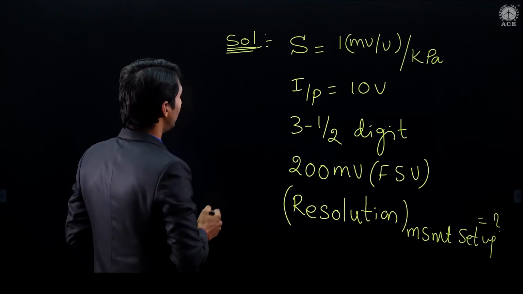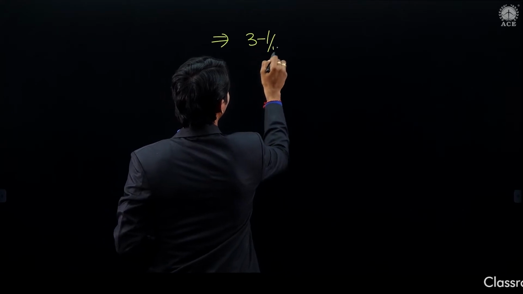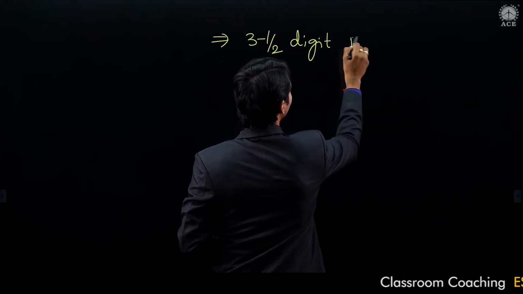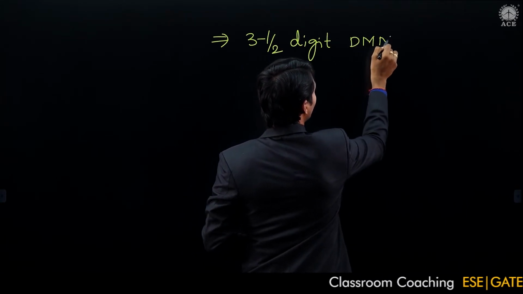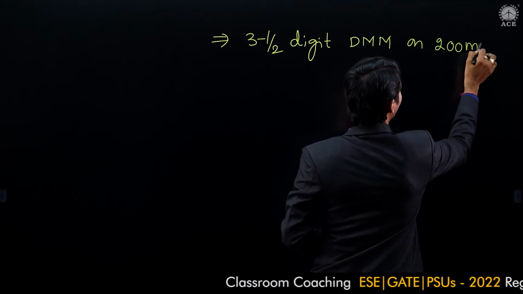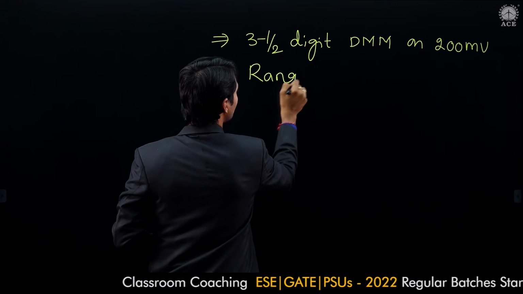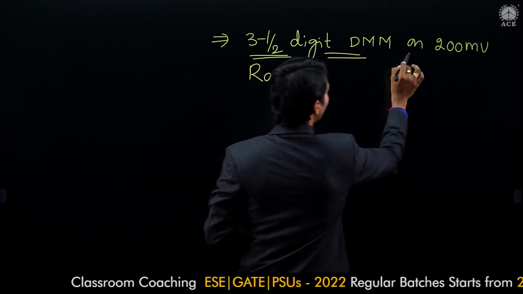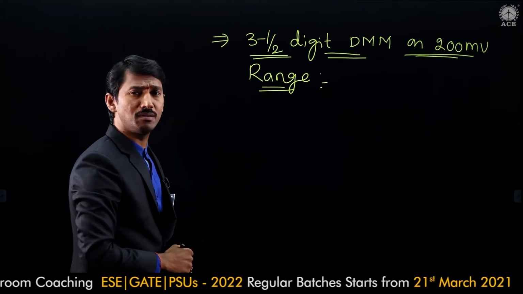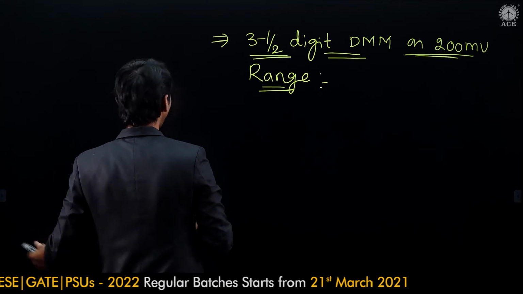That is here, 3.5 digit DMM or DVM on 200 millivolt scale, 200 millivolt range. This is what the given data. Okay. Sir, under this range, what is the minimum value measurable?